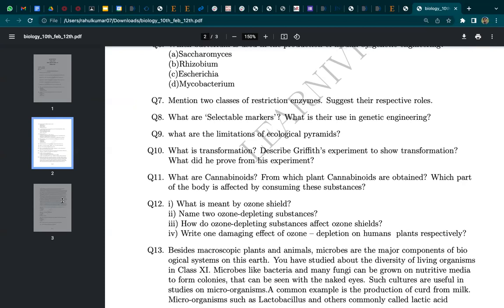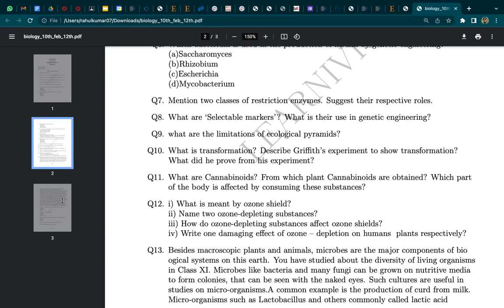Transformation simply means, as the word says, to transform into something which you were not. So if a bacteria, let's talk about biotechnology, we give bacteria a gene from outside through a plasmid. We give bacteria a selectable marker as well from outside through a plasmid. After taking that plasmid, the bacteria becomes something that it was not. Earlier, the bacteria was not producing insulin.